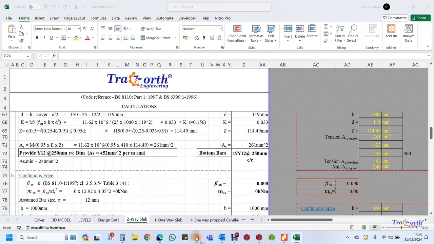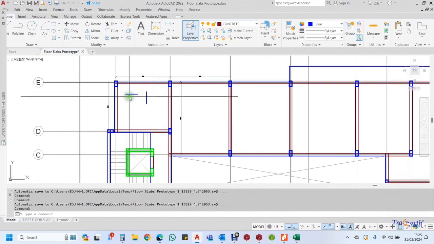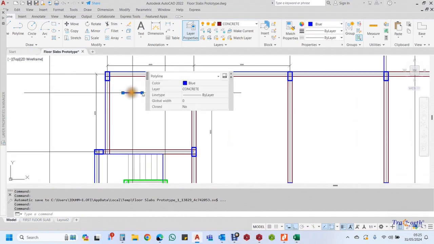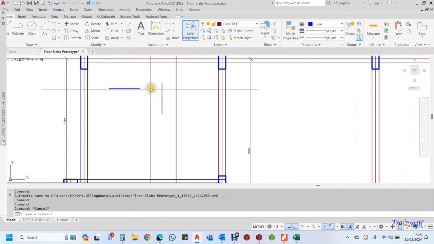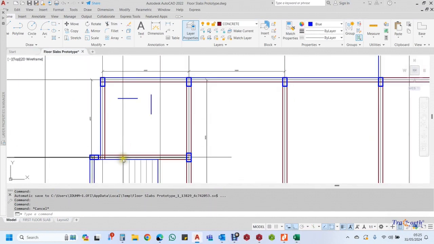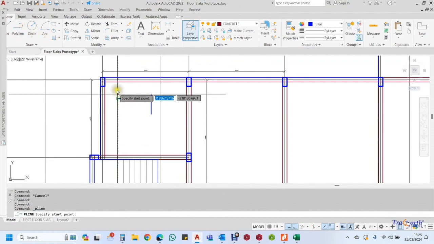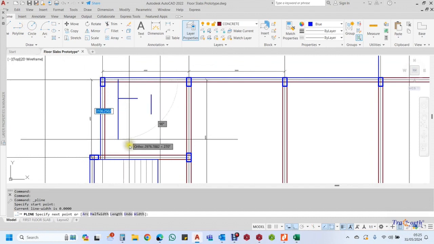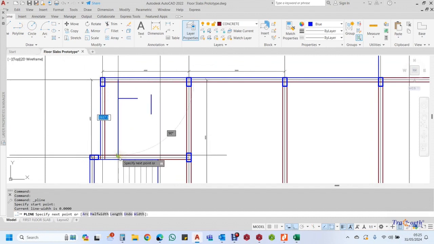Let's go back to explain this. In this case, this is our short span. Assuming we want to detail this, please, I'm just drawing this line. This is not how we detail. We'll still go back to it.